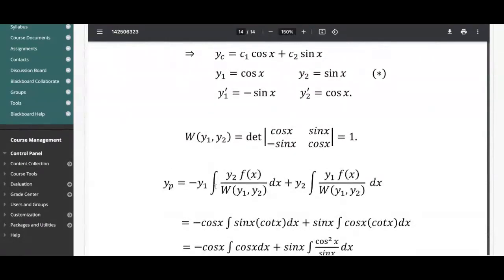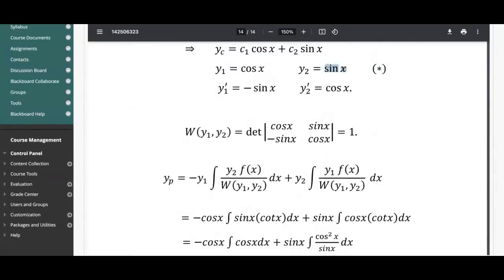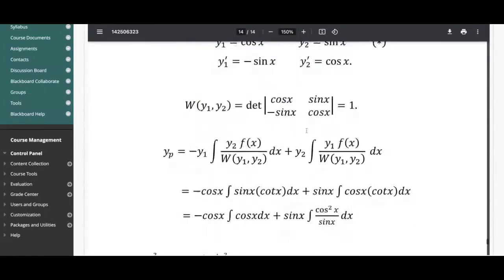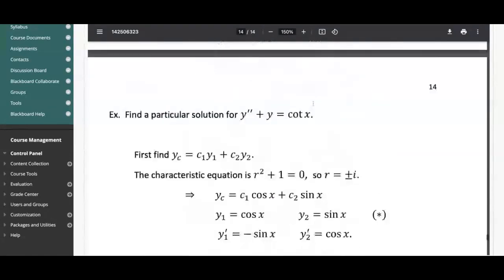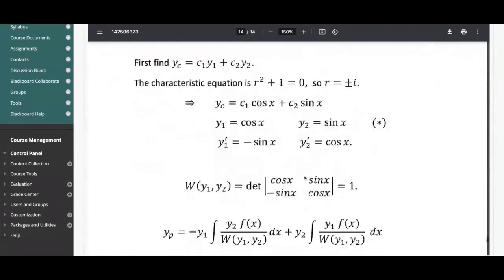Then we integrate it, so negative y1. Integrate this y2 f of x. Well, Wronski just 1. Right? What's y2? y2 is sine x. f of x is cotangent x. Okay, that's f of x, cotangent x.